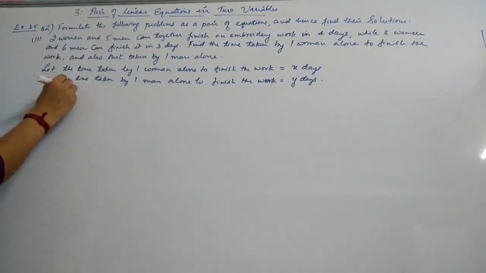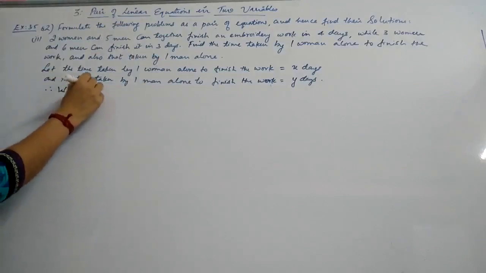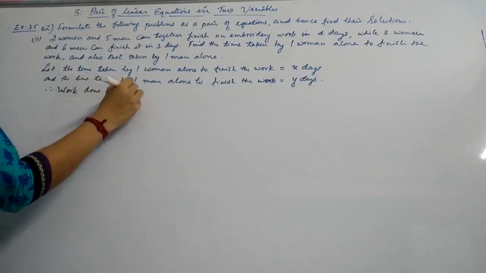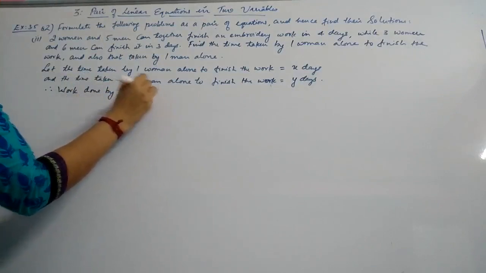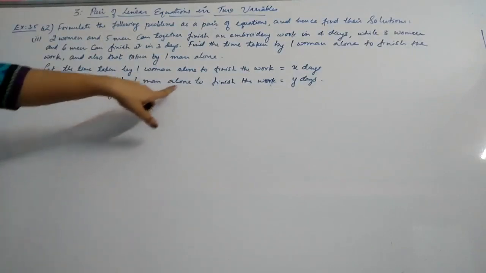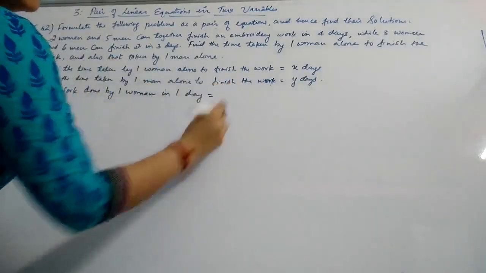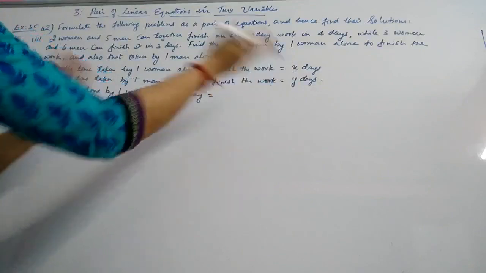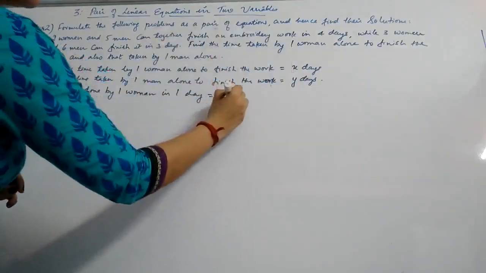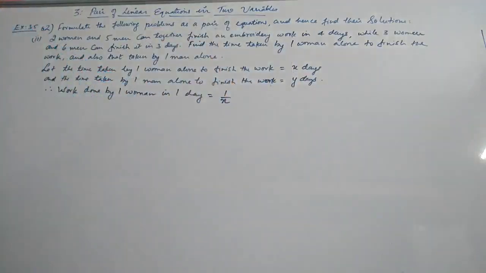Therefore, work done by 1 woman in 1 day will be, total number of days is this. So work done will be 1 by x of the total work done, okay.